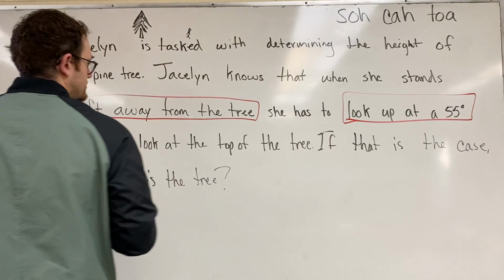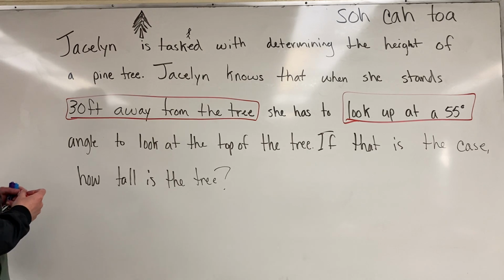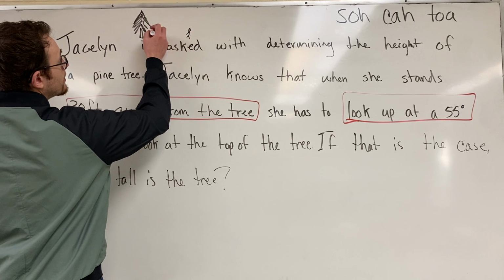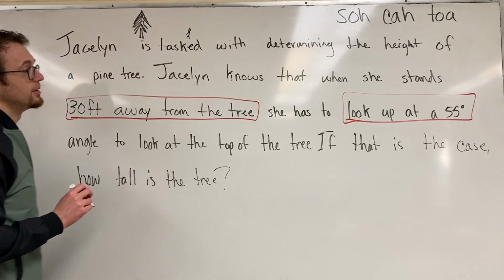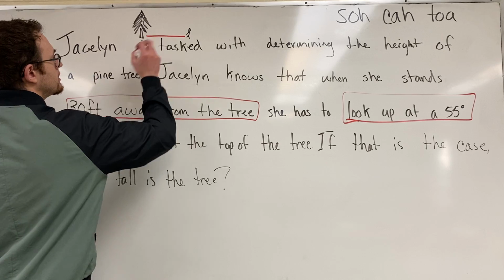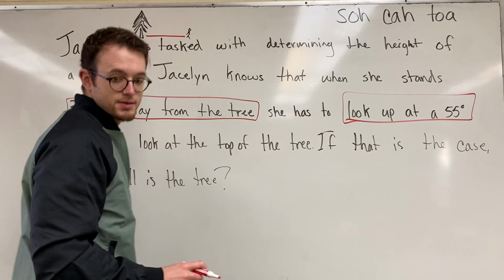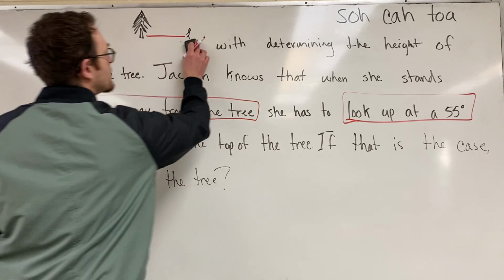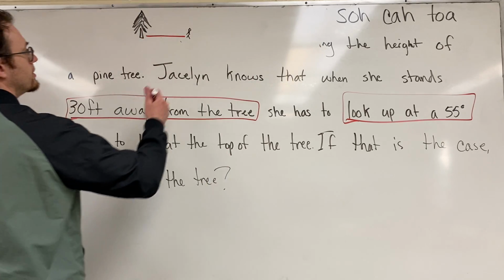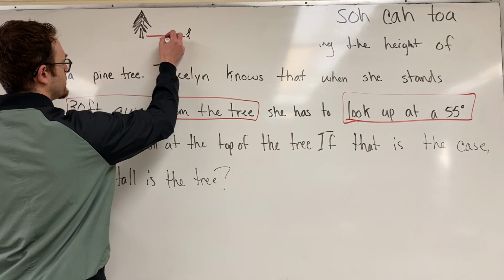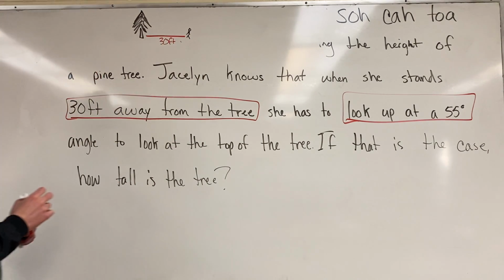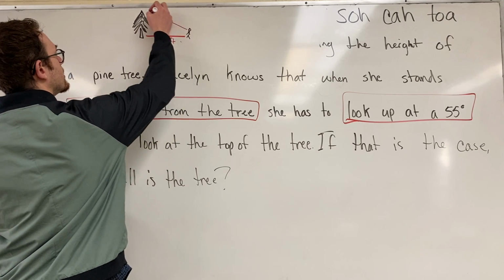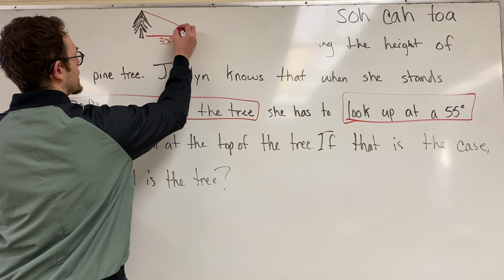All right. So, coming here with red, actually, we know that the distance from her to the tree is going to be, let's erase some stuff. From her to the tree is 30 feet. And we know that she has to look up at a 55-degree angle.